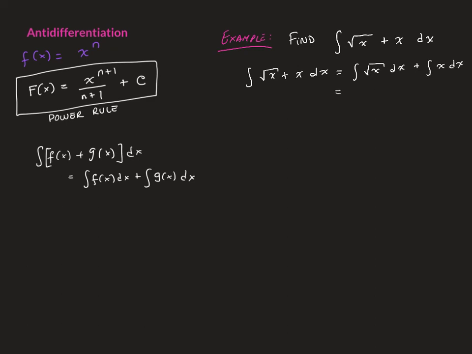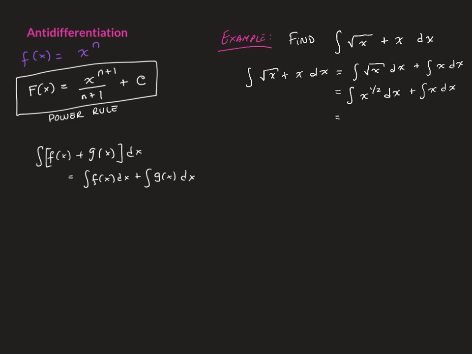Now, root of x, I don't know the antiderivative of the square root of x, but I do know the antiderivative of x to the power of a half. So I'm going to convert it into x to the power of a half before integrating.